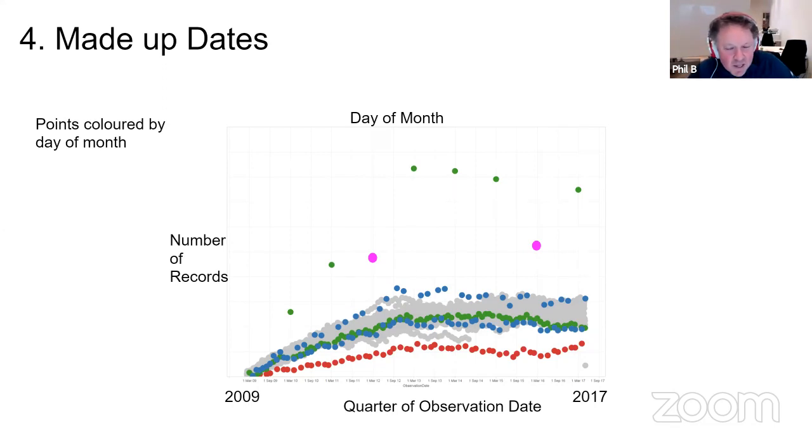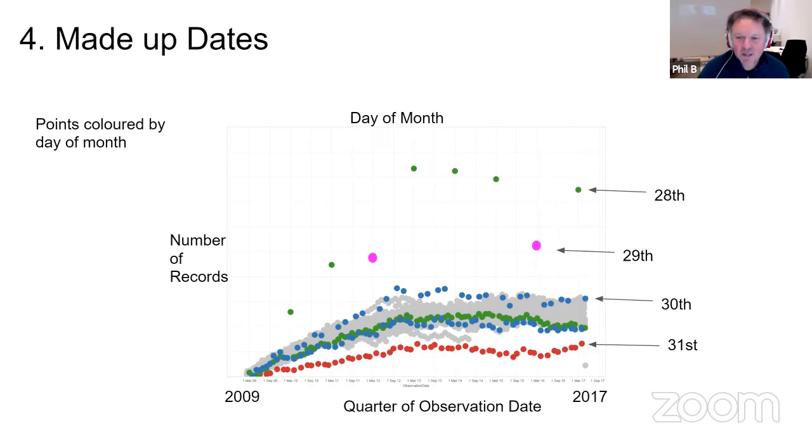So I've colored them by day of the month. Red dots are the 31st, blue dots are the 30th, green dots are the 28th, and pink dots are the 29th. Now, I wasted a good hour getting my head around this, but it's pretty obvious if you think about it, because I've done it by quarter. Depending on which months are in the quarter, there's going to be more 30ths, because some months have 30 days, some months have 31 days.